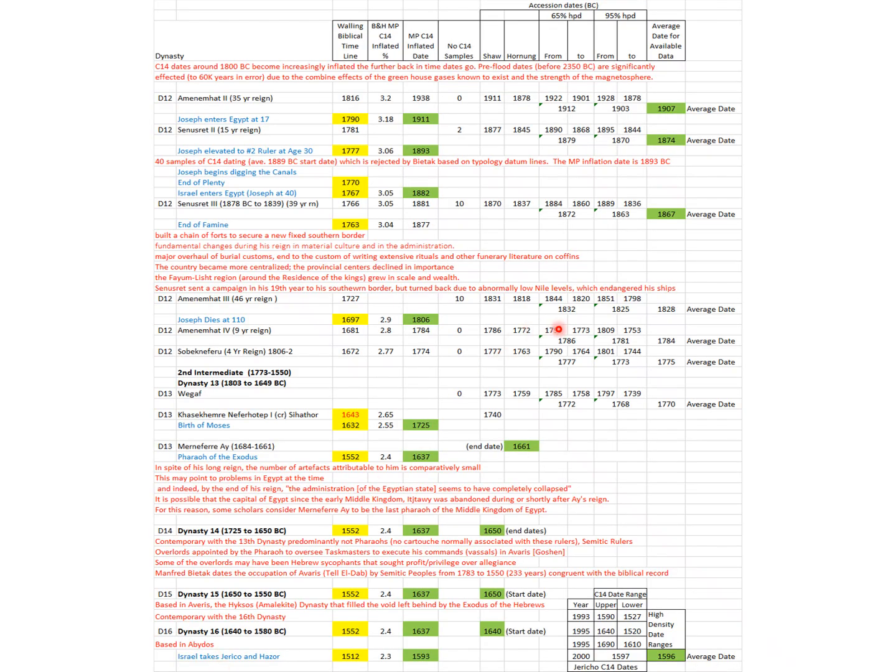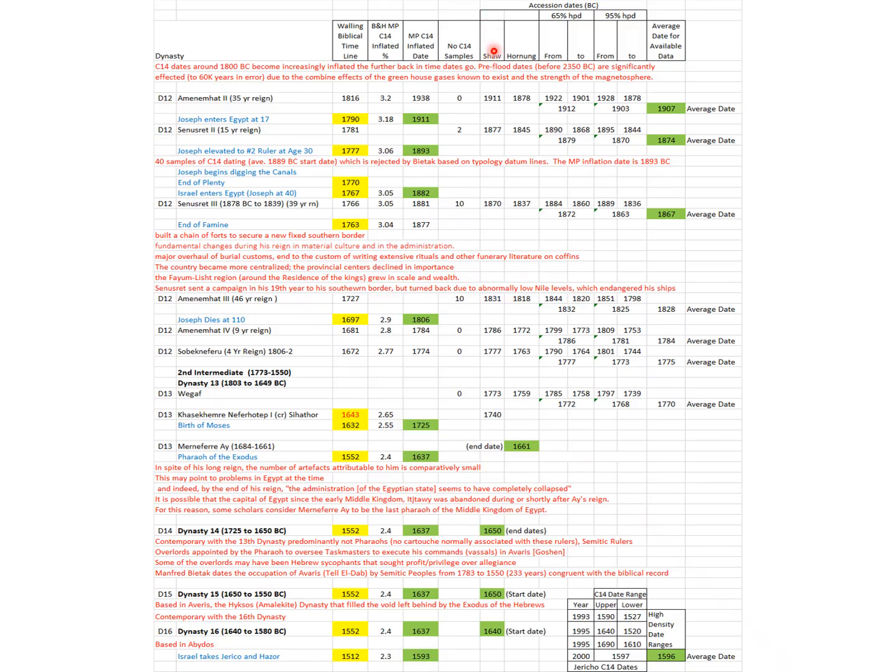Okay, so here's that Excel spreadsheet that I talked about earlier from the article with the mother lode of carbon-14 date ranges. All right, so the original columns were the number of carbon-14 samples.